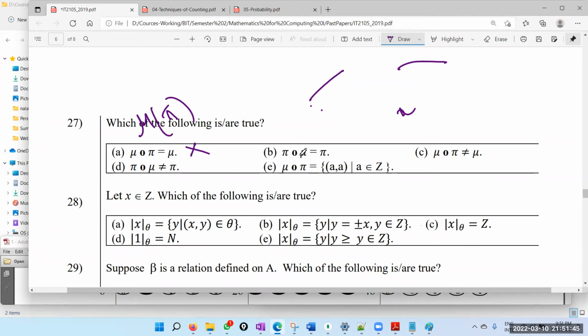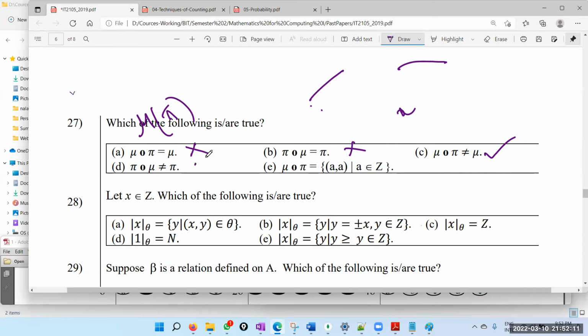Then 5 0 mu is 5. No. Mu 0 5 is not equal to mu. Mu 0 5, because mu and 5 are the inverses, it can't be mu. Yes, this is correct, right? 5 0 mu can't be 5.